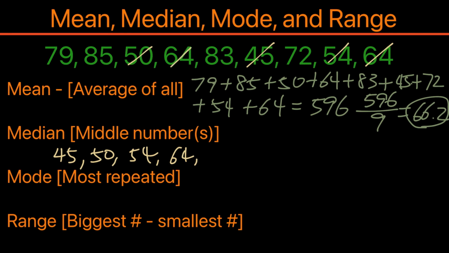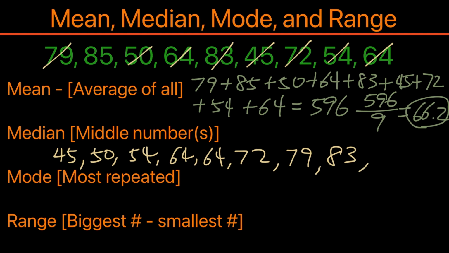Now the fifth lowest is 64 as well. And the sixth lowest, 72. Then the seventh is 79. The eighth would be 83. And the last one is 85.